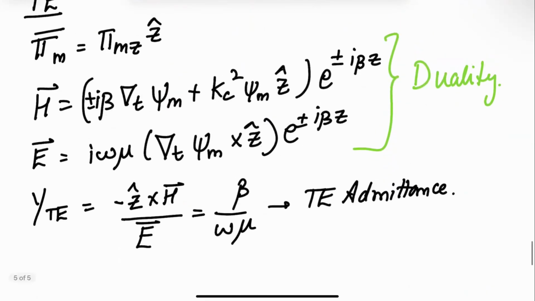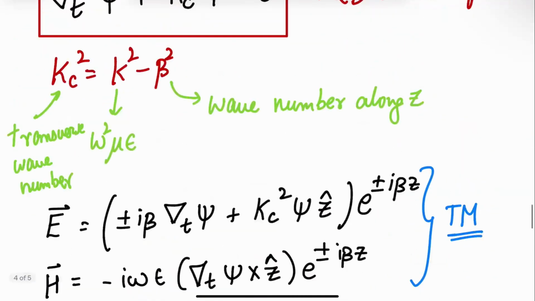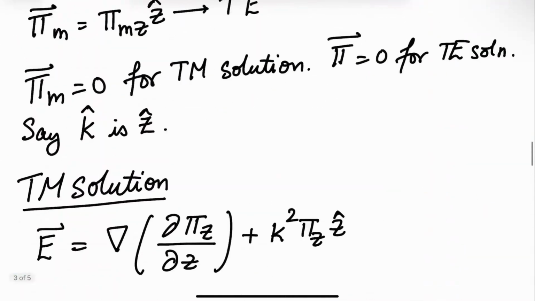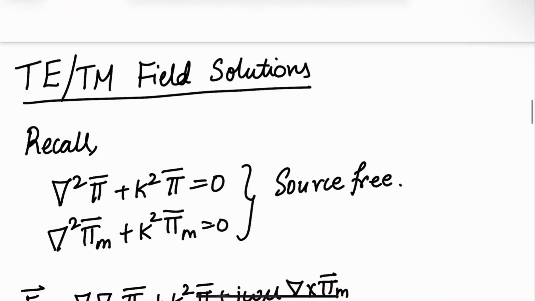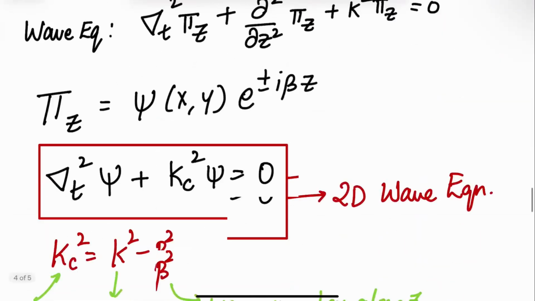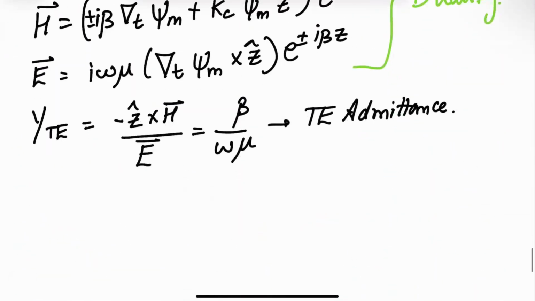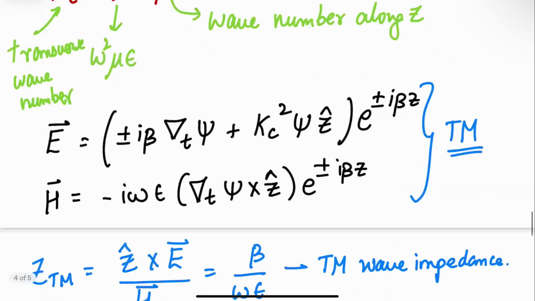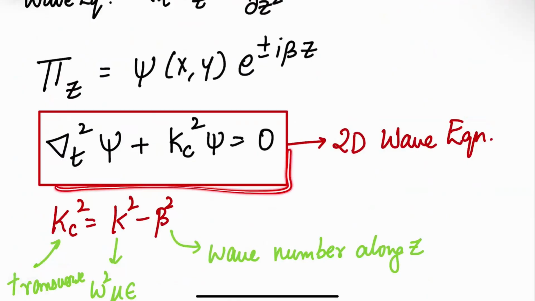So this is essentially the framework under which we can extract the TE and TM modes for a given wave equation. In order to actually find what the modes are, we need to solve this wave equation given certain boundary conditions based on what kind of waveguide you're working with.